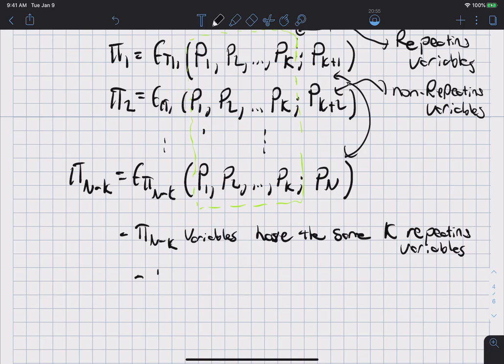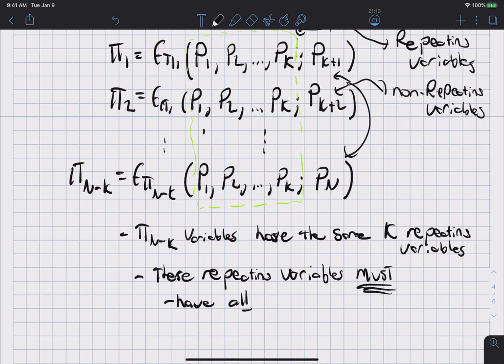These repeating variables must have all of the base units between them.